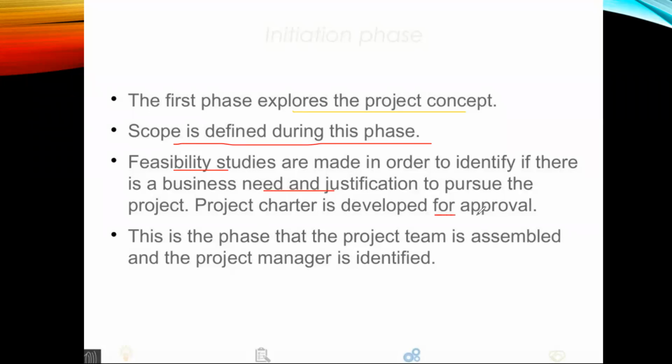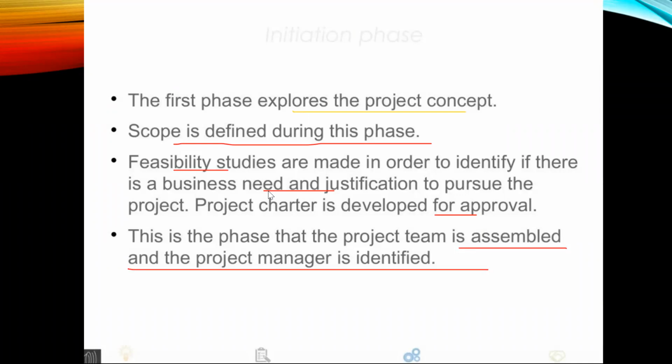So the charter is developed for approval. This is the phase where the project team is assembled and the manager is identified. So as I mentioned, in the initiation there is also the responsibility of being able to assemble the team.